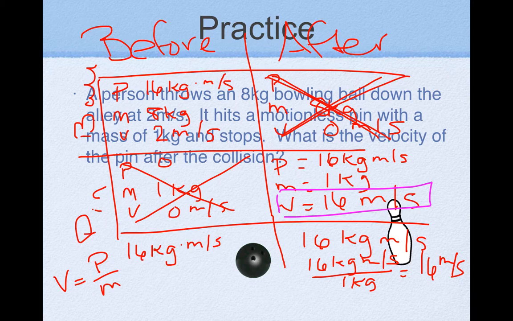I highly suggest you set up a table similar to this when you do law of conservation of momentum. In our class, there's going to be something that stops. We're not going to have two objects going. We're going to make it simple for you.